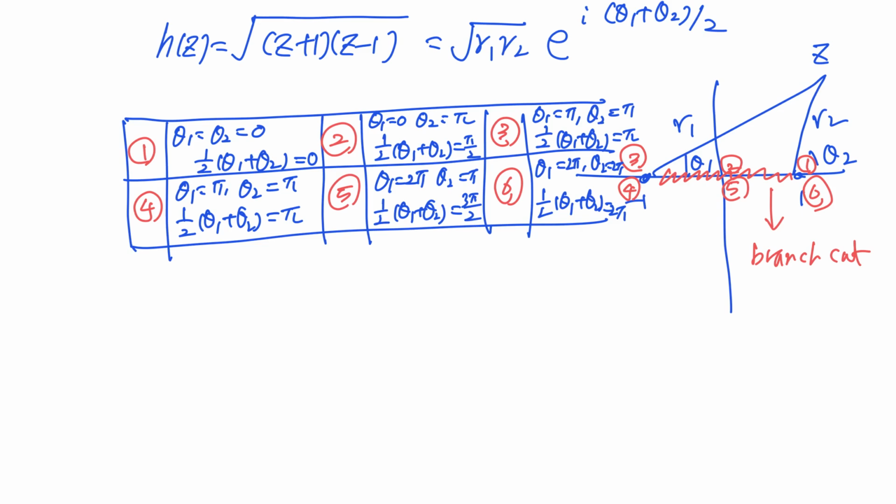So we have to set this line as the branch cut. The definition of branch cut is very simple: if you cross the line, there is a phase change.